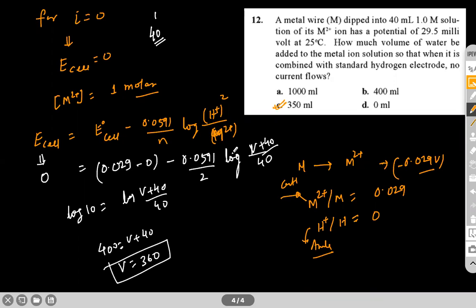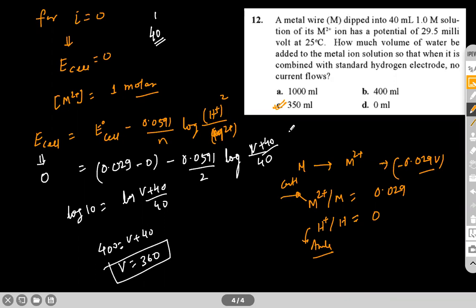Okay, so what I did here, first of all, the concentration of H plus is not given, so we have taken it as 1. Initially, we have 40 ml 1 molar solution, means the number of millimoles is 40 millimoles of this ion.